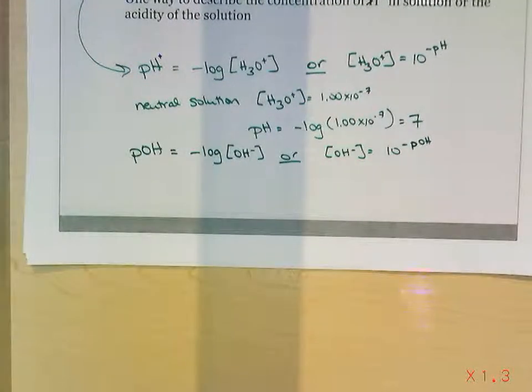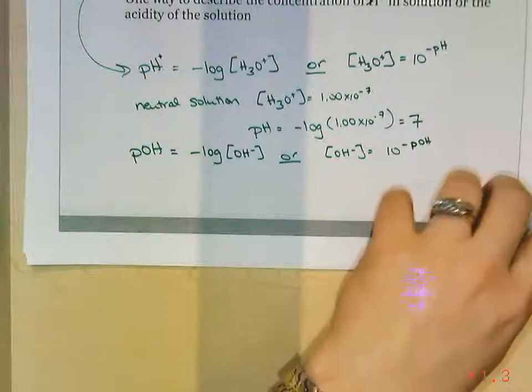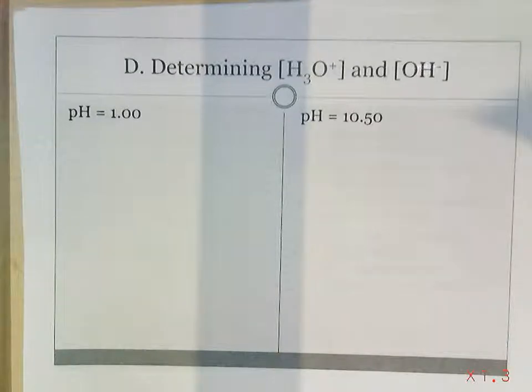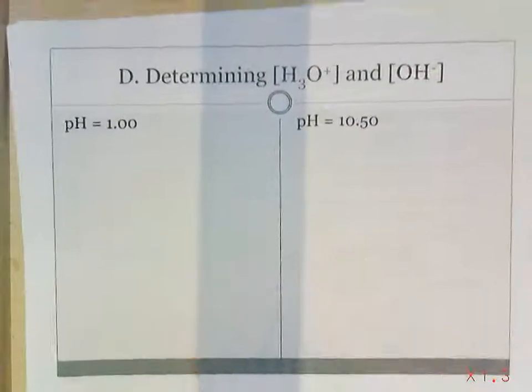All right, so I have 2 practice problems, and then I'll stop so you have time to do your quiz. Let's say I know the pH of my solution is 1, but I want to figure out the concentration of hydroniums and hydroxides in the solution.